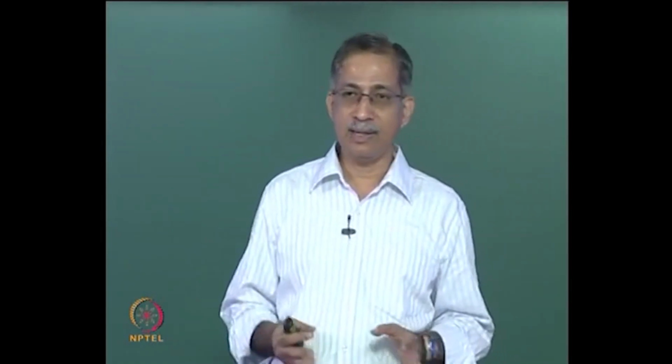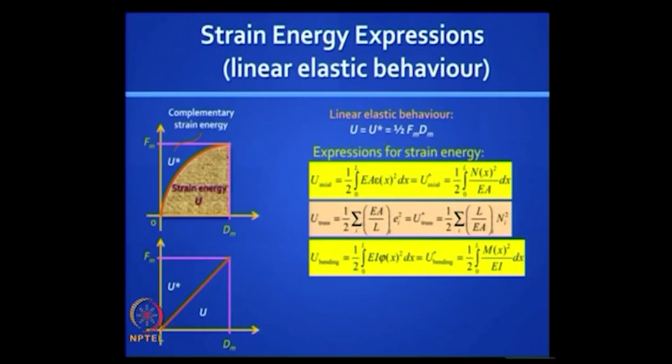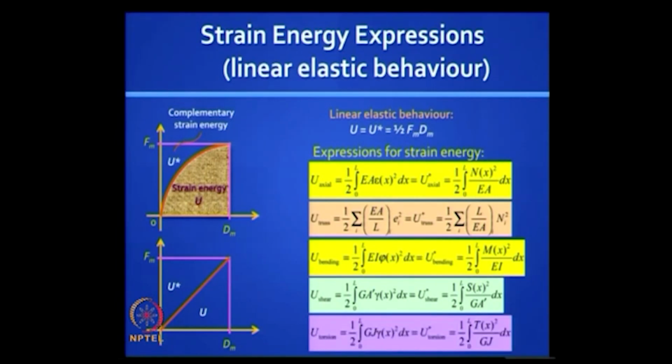This is the strain energy in a beam or in a frame where you are concerned only with flexural strain energy, u and u star. This is strain energy caused by shear, which is usually neglected. We will see later that it is not always negligible, and you have the torsional strain energy.